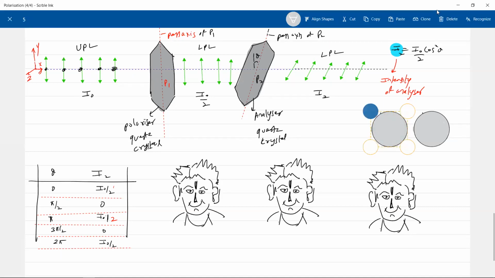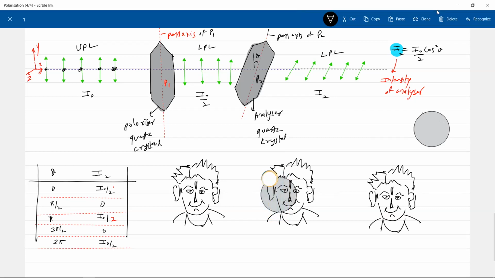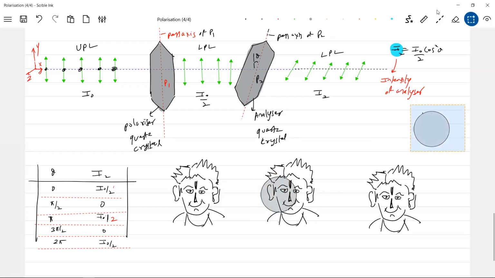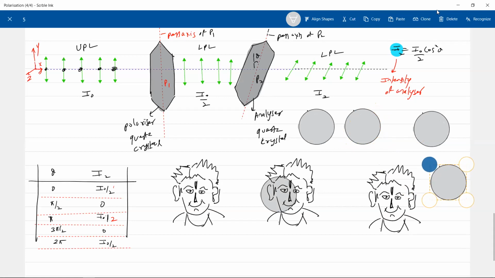You are going to keep one more, kept like this.